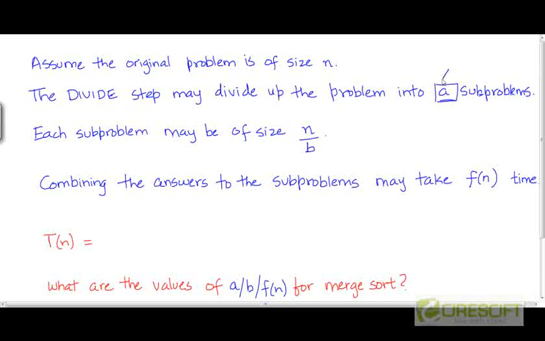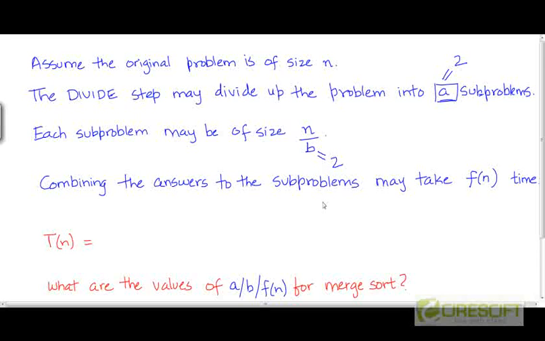In case of merge sort, the value of a was 2. And each subproblem may be of size n by b. Again, in case of merge sort, the value of b was 2. The divide step divided the overall problem into two subproblems, each of size n by 2.